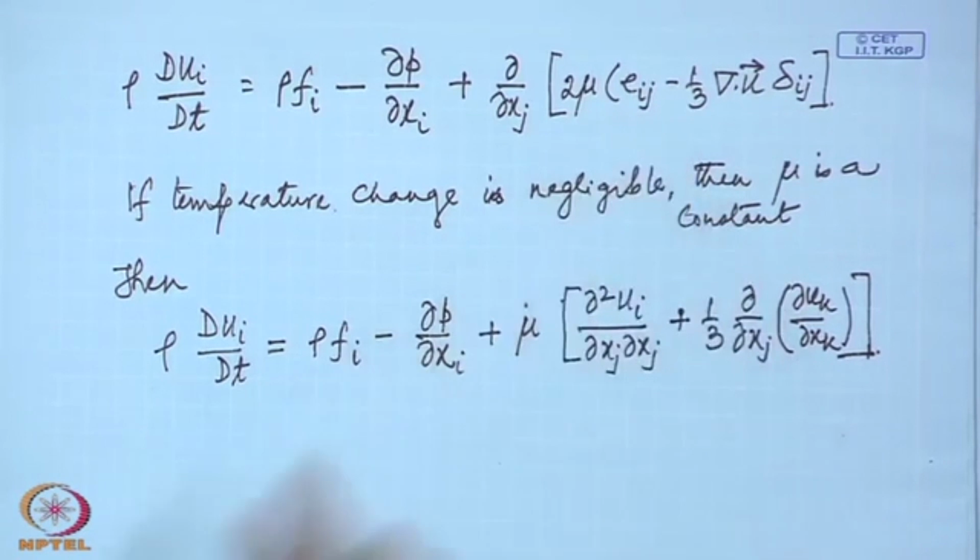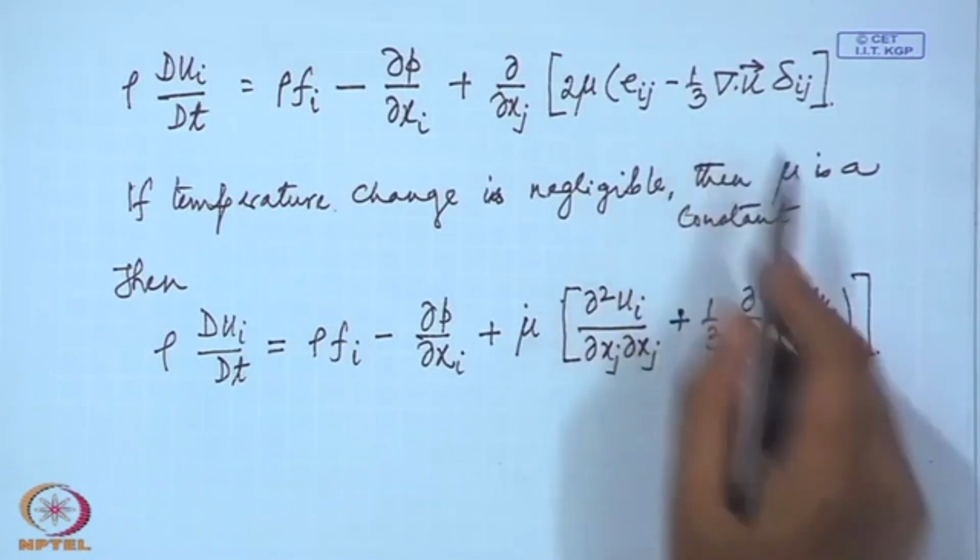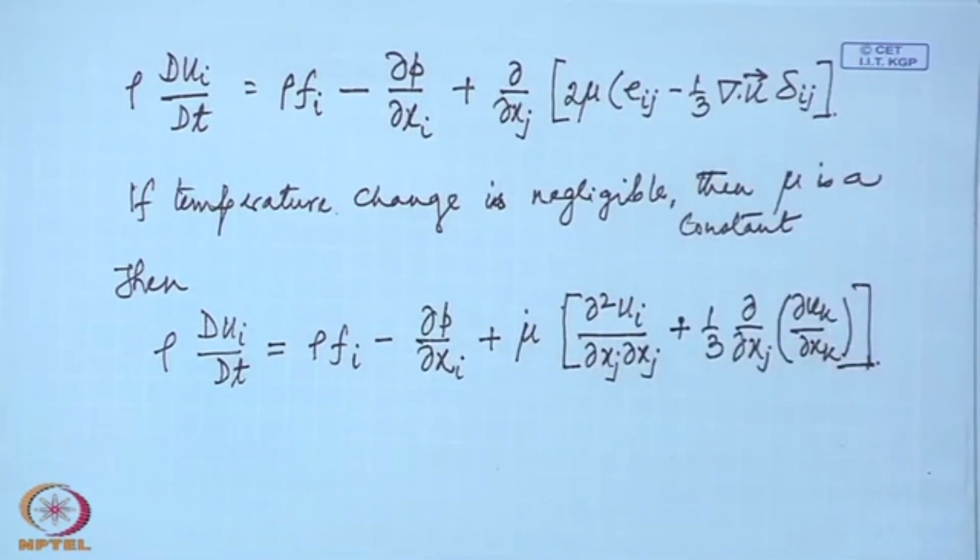We have replaced E_ij by its definition, and that divergence of u once again you have written in this form, ∂u_k/∂x_k.